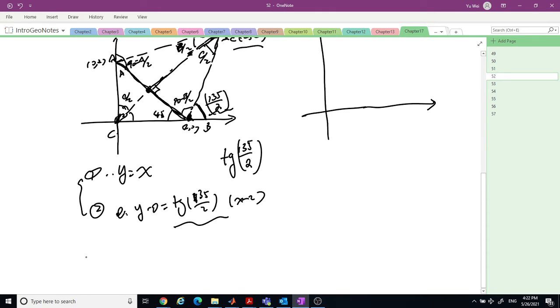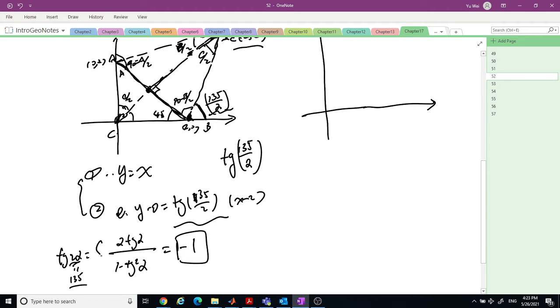So that's how to solve the half of the 135. Okay, so this one, we are going to use the double angle formula of the tangent. Okay, so the tangent 2 alpha is 2 times tangent alpha over 1 minus tangent square alpha. Now the tangent of the 135 is -1, right? 2 alpha is equal to 135, right?